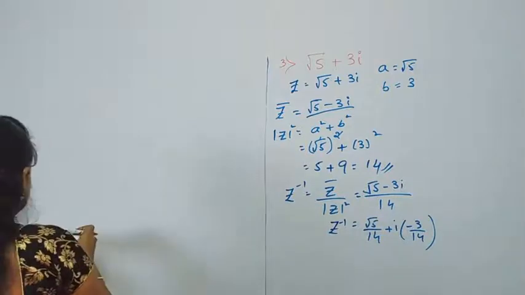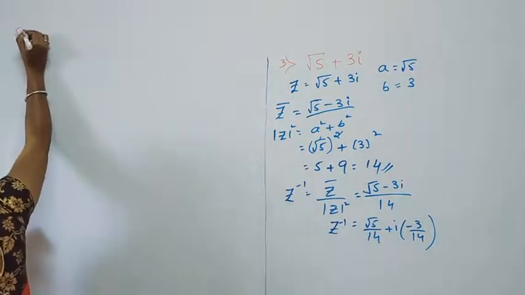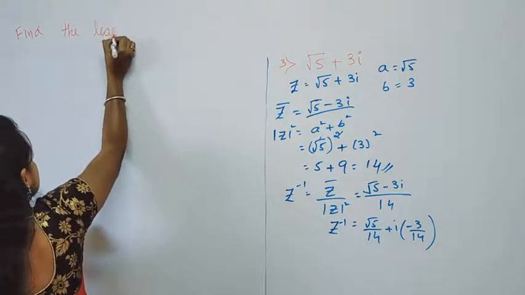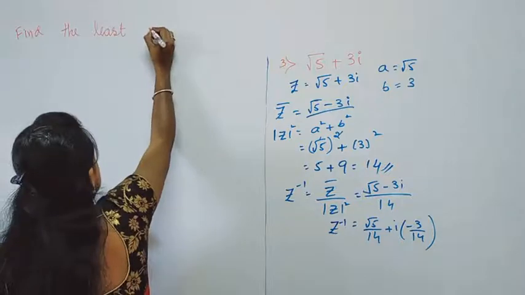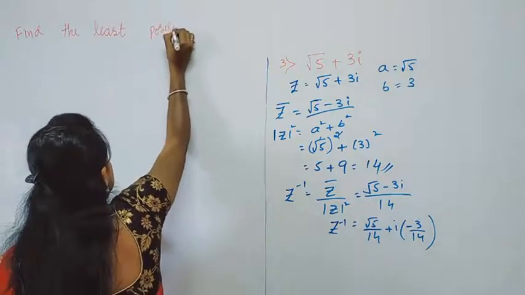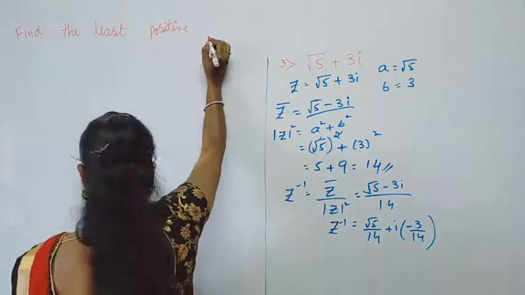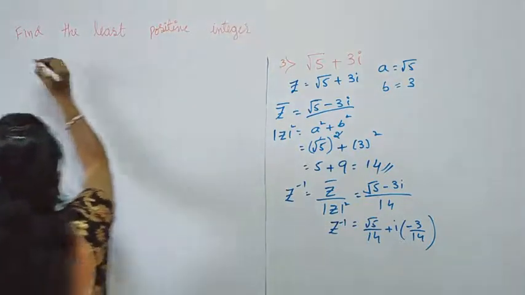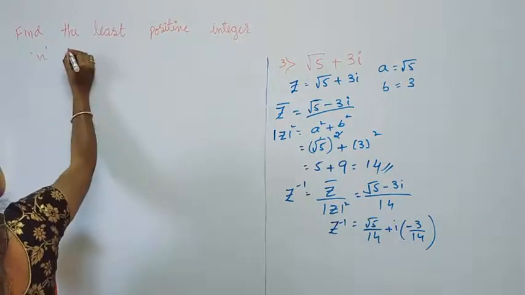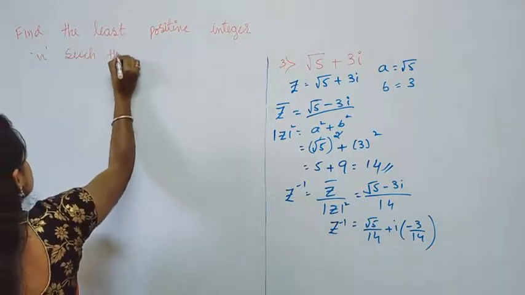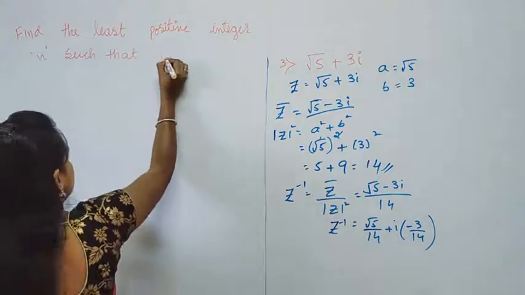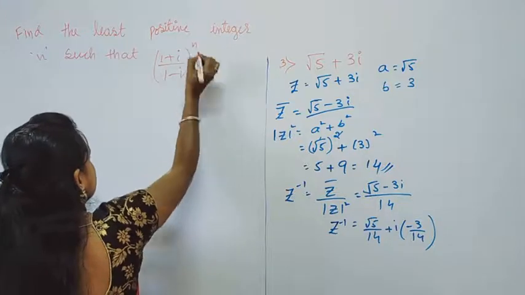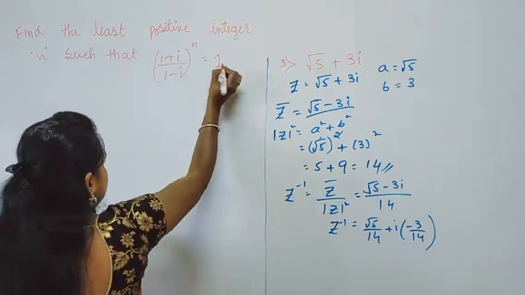So the next problem is: find the least positive integer n such that (1 plus i by 1 minus i) whole to the power of n is equal to 1.